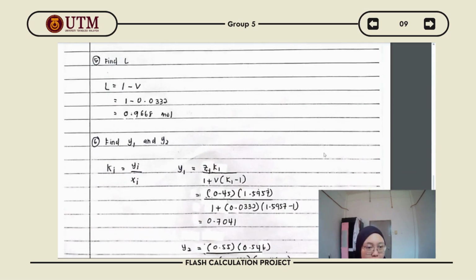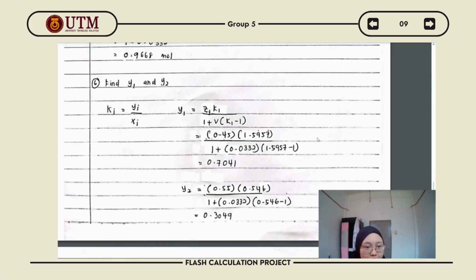Next, we have to find L using the formula L equals 1 minus V, and then we include the V that we already got, and we will get L equal to 0.9668 mole. Then we have to find Y1 and Y2 using the formula Y1 equals Z1 K1 over 1 plus V in the bracket of K1 minus 1.